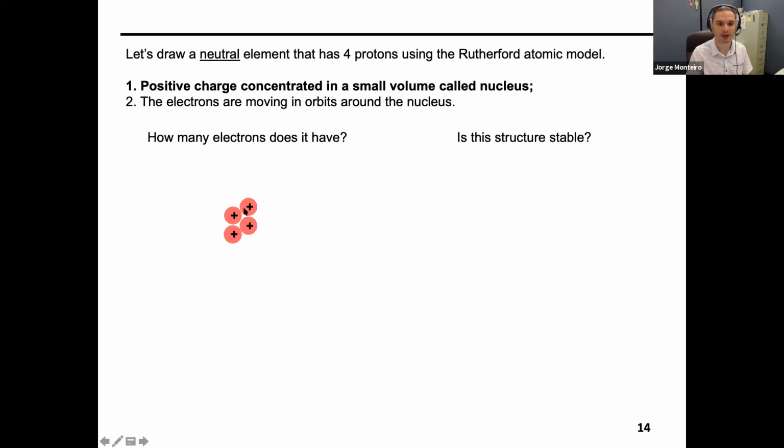I'm representing the 4 protons as 4 positive charges. Let's put electrons around the nucleus, and remember that we are talking about a neutral element.